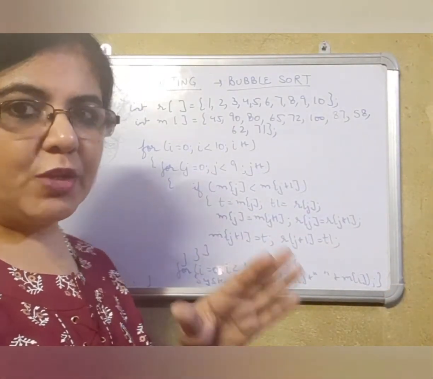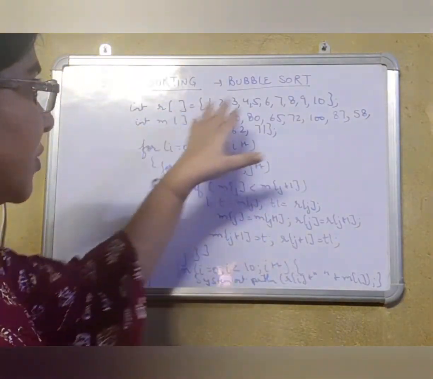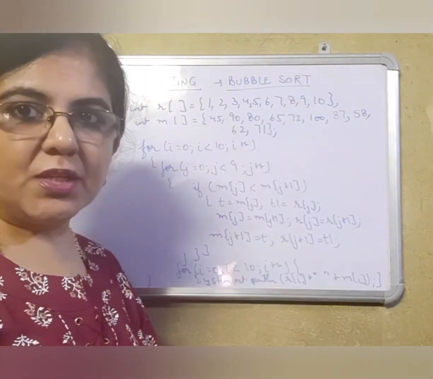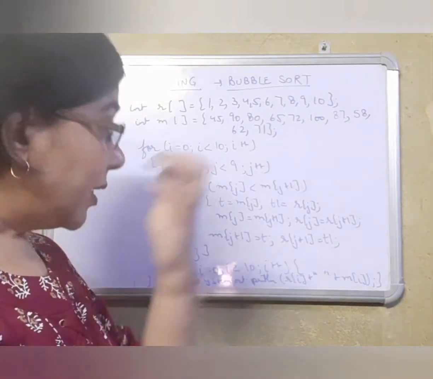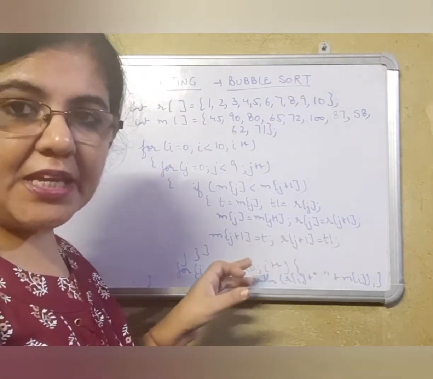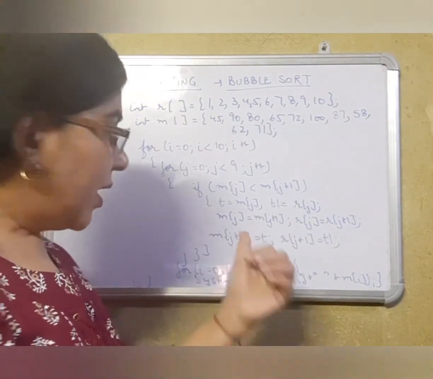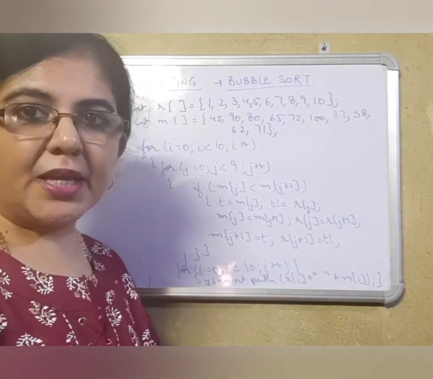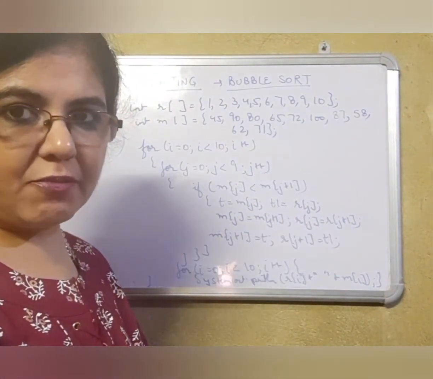So be sure when you are getting a question in which there are two arrays, and on the basis of the second array you have to arrange the first array or any other array, then you have to exchange both the arrays in the same order. Similarly, the second array also has to be arranged in the same way.